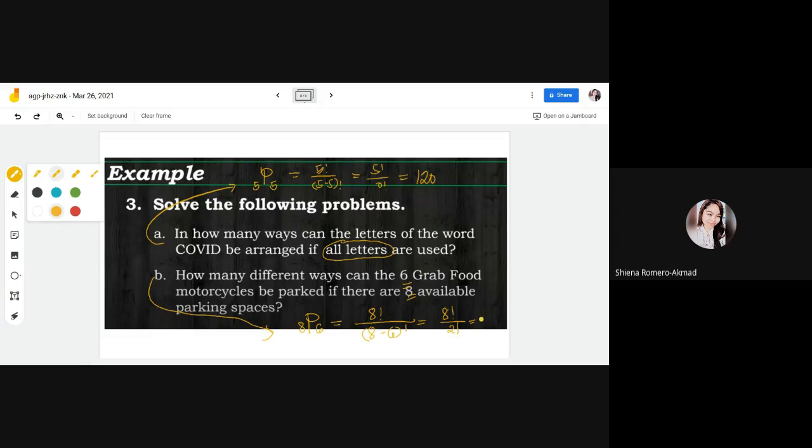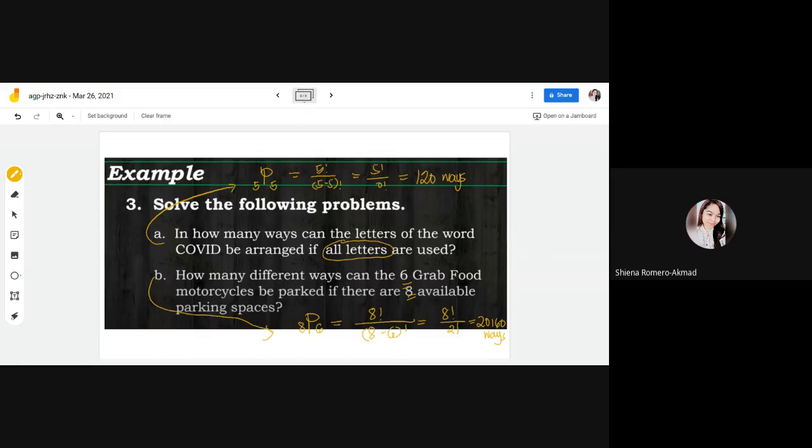Ano number ulit? Paki-dictate yung number. 20,160. Okay, so there are 20,160 ways. At ito naman, 120 ways.